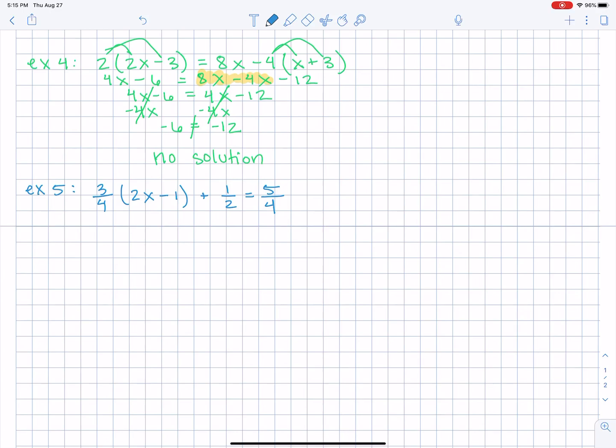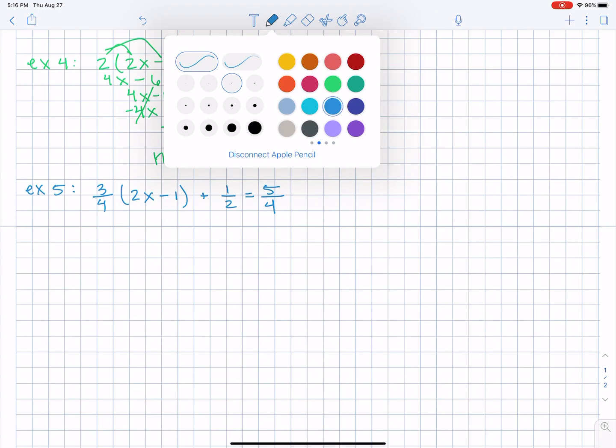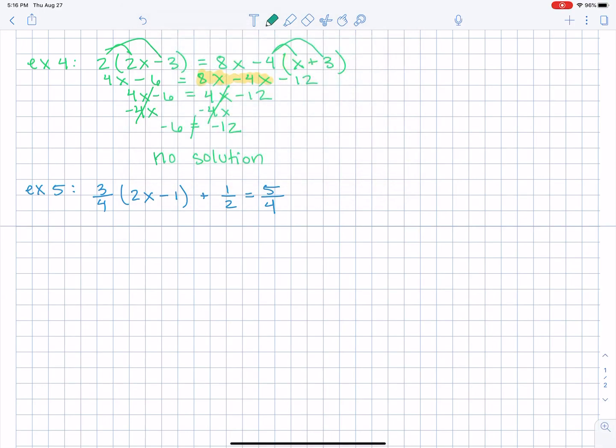It's a fraction bust. Look at your denominators. 4, 2, 4. Your LCD is 4. So we're going to multiply every term by 4. Now the thing is that this guy right here is all one term. So this is just going to have to be multiplied by 4. We're not going to touch those parentheses.